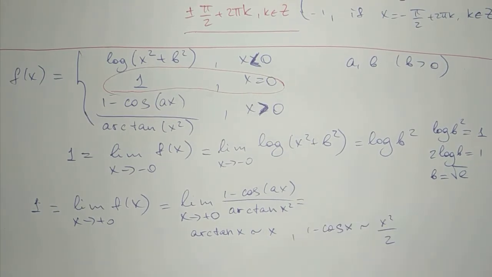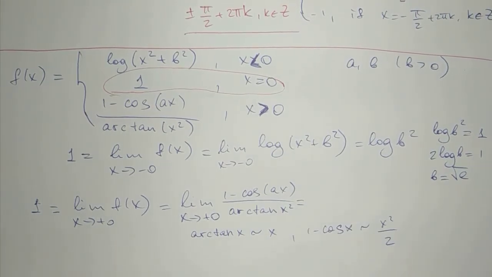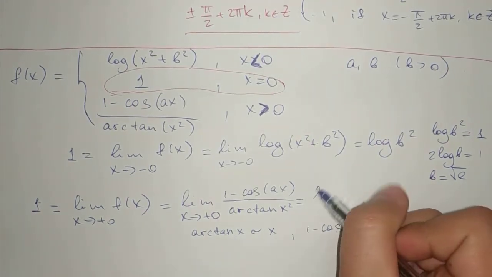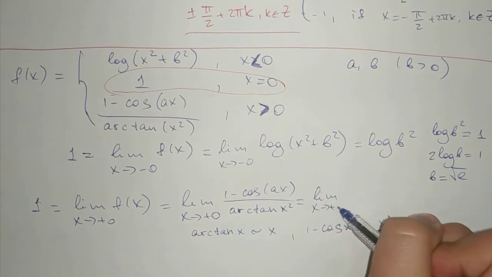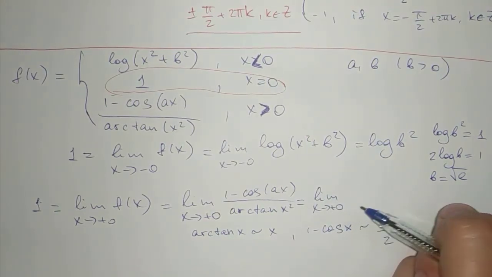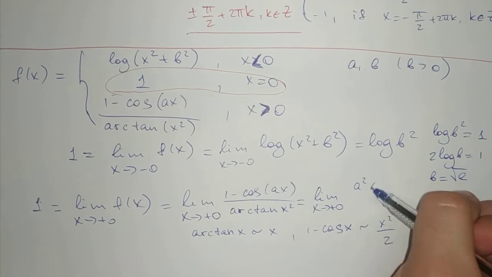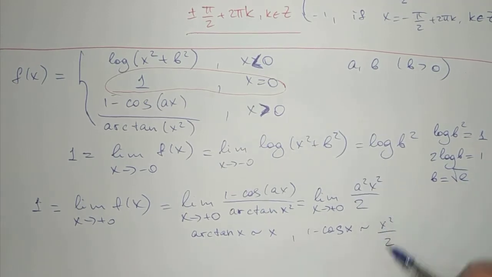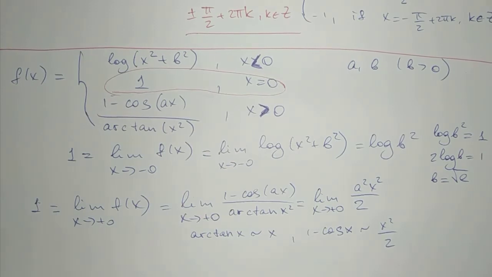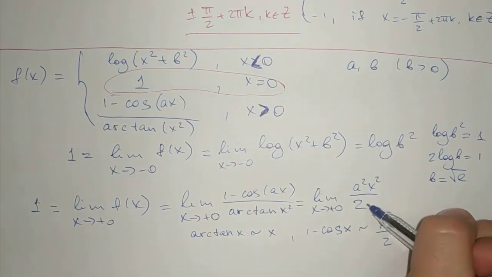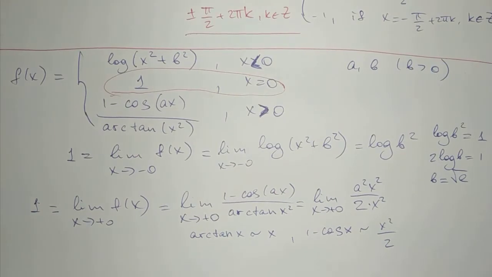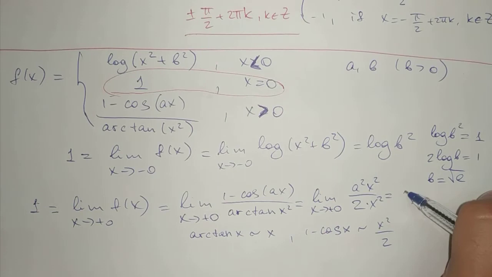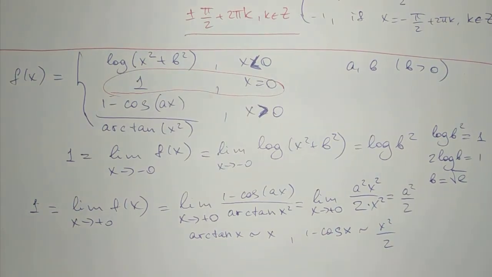We considered these examples in previous lessons. So here we will use it: 1 minus cosine ax, as x tends to plus 0, is equivalent with a squared x squared over 2, and arctangent x squared is equivalent with x squared. In the denominator we get it. So here we have just a squared over 2.